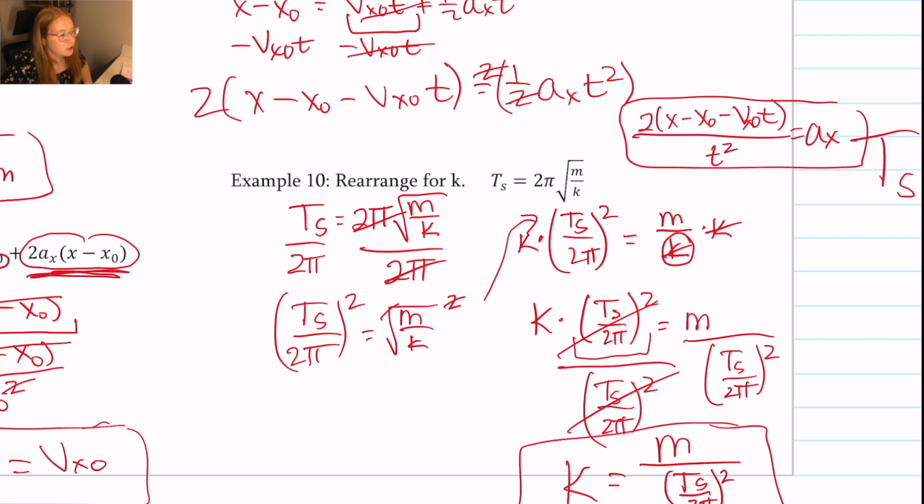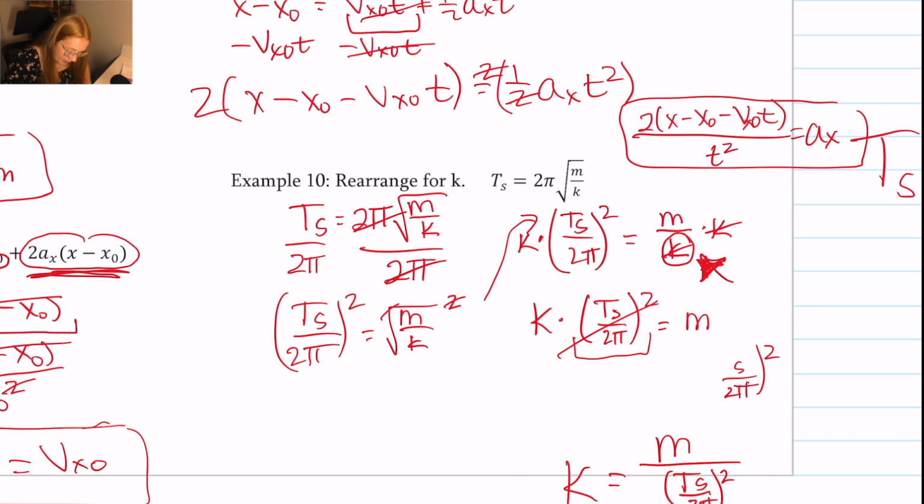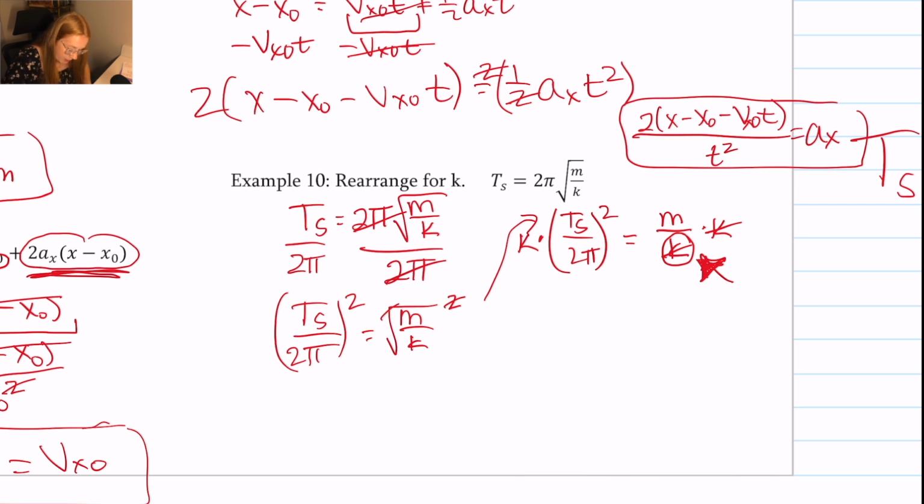Now I kind of want to show you a trick for dealing with the variable being stuck in the bottom like it was right here, because there is a trick to it and you may run into this a lot in physics. So let me show you what I would do at that point now that I've rearranged equations a lot.